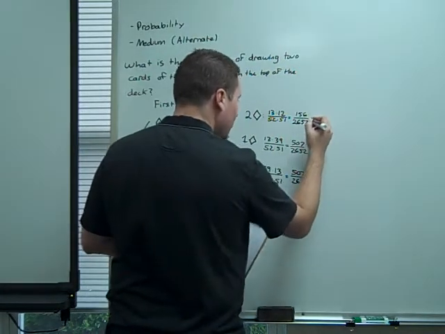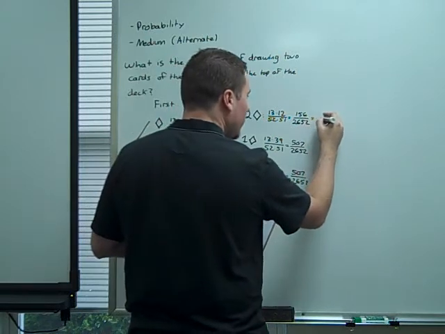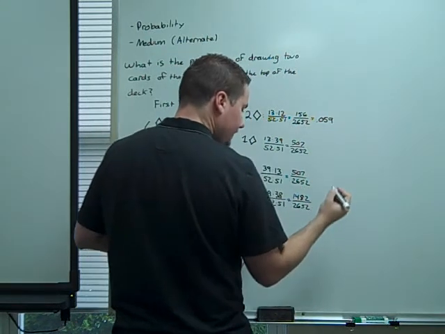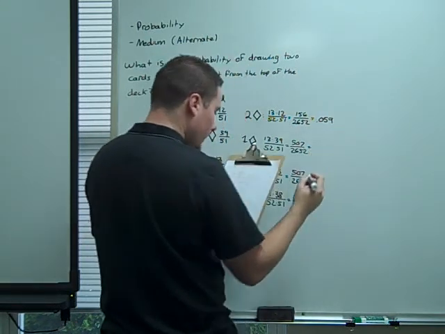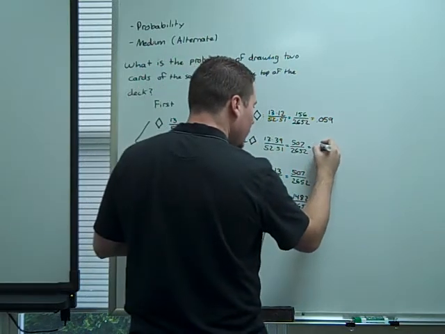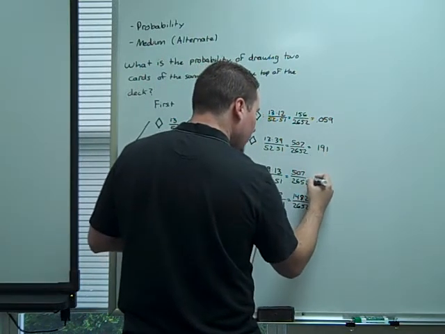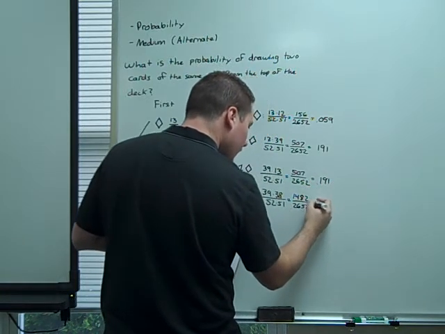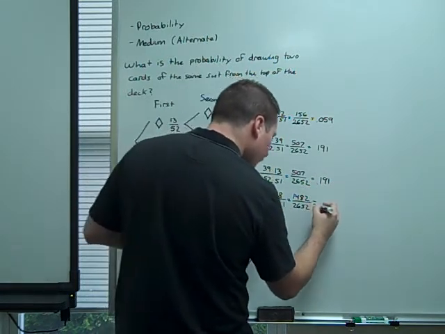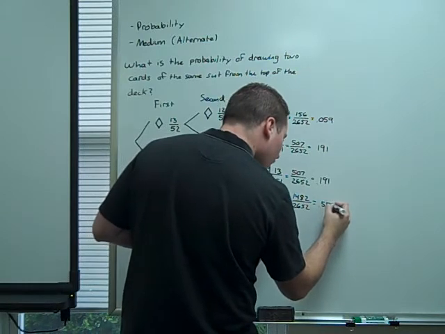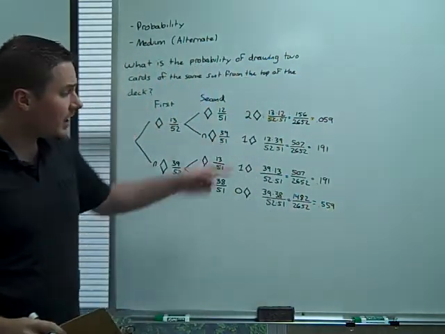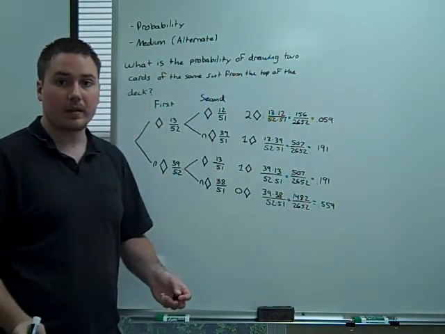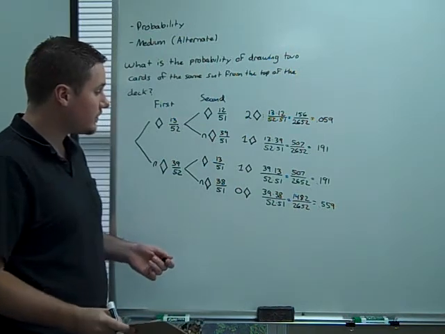Now all of these equal: this one is 0.059. This one is 0.191. This one is 0.191. And this one is 0.559. All rounded to the third decimal place. And if you add all those up, you'll get a probability of 1, which should make sense.